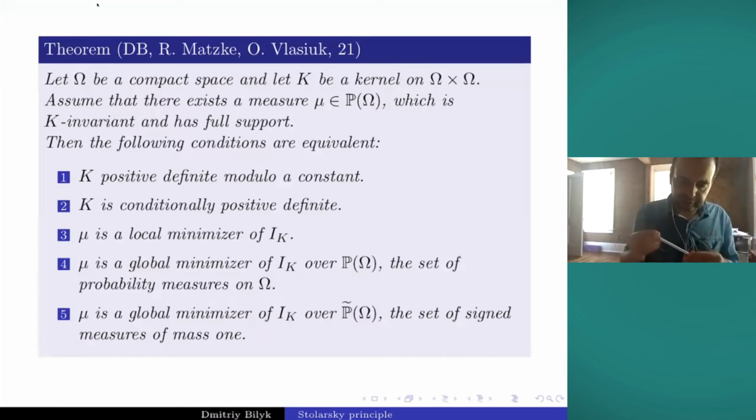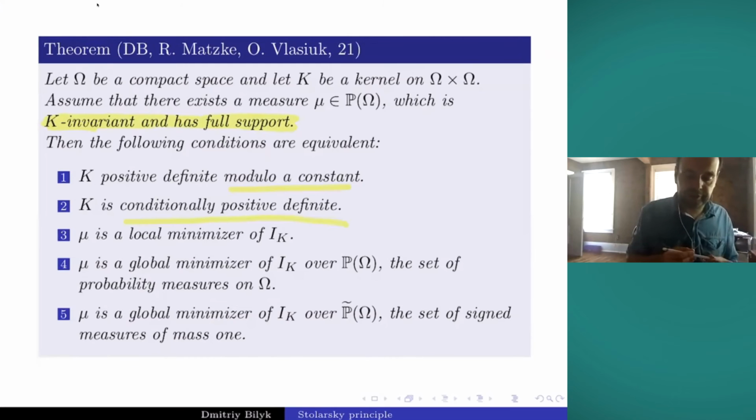It turns out that if there exists a K-invariant measure with full support, then positive definiteness, or positive definiteness modulo a constant, since in the energy it doesn't matter if you're adding a constant, is equivalent to a bunch of other properties. The fact that K is positive definite is equivalent to positive definiteness modulo a constant, which is equivalent to conditional positive definiteness. This is not true in general.